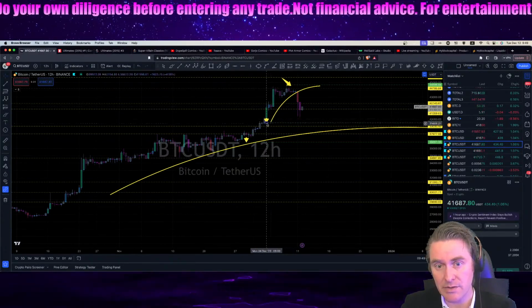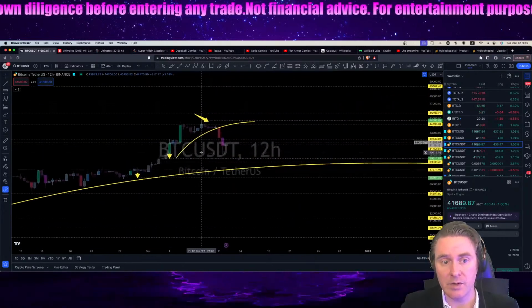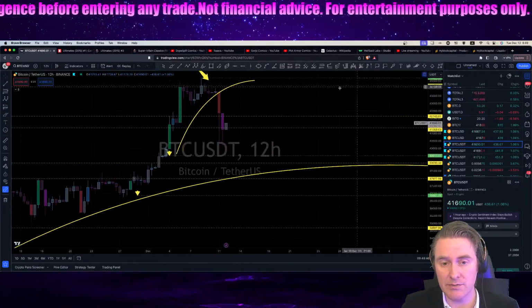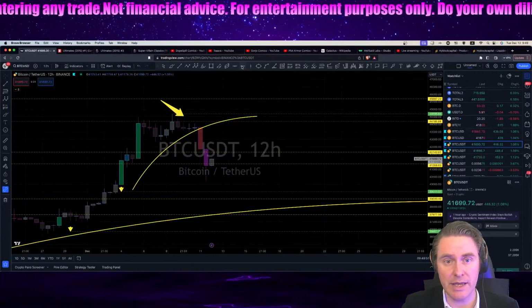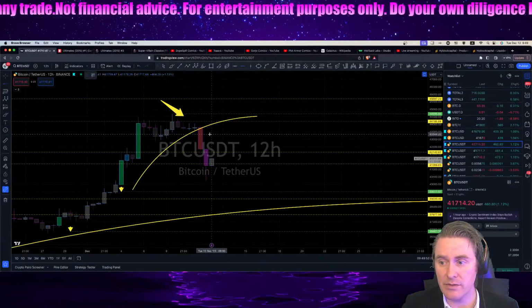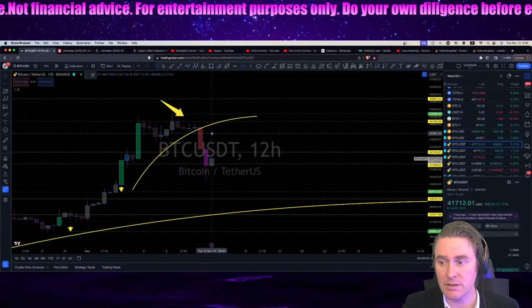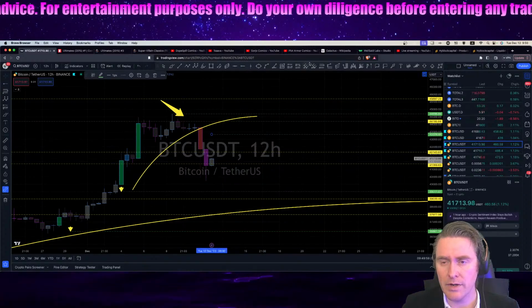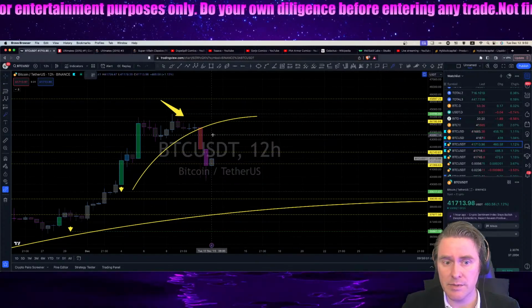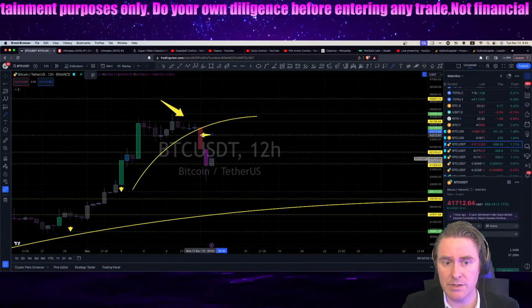So we came into that pool, and we're going to put a pool up in here too. It was 43,338, I believe. Right in here. So there's a little bit of liquidity up in this region.